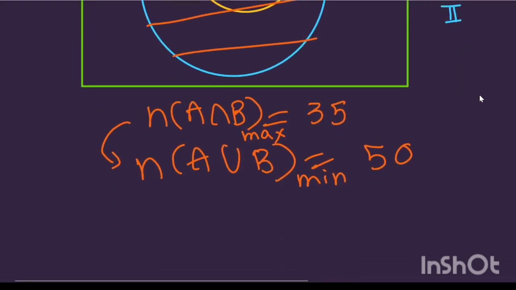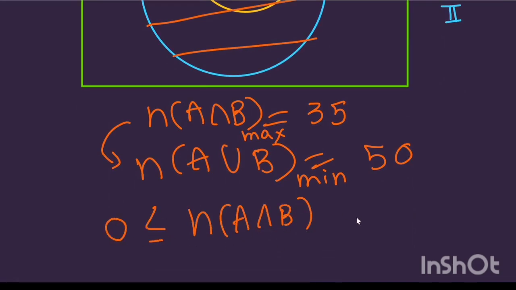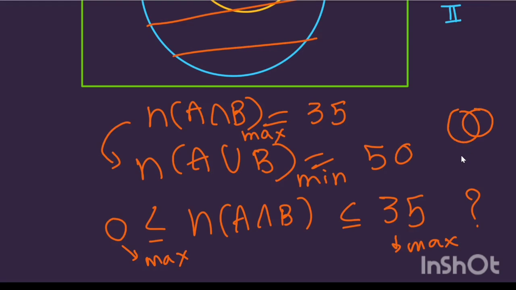So can we say that the range of Na intersection B is greater than or equal to 0 and less than or equal to 35? Yes, we can say that, because the max is 35 and the minimum is 0, and when they are intersecting like this, with some partial intersection, the value of Na intersection B can be between 0 and 35. So this is another case.